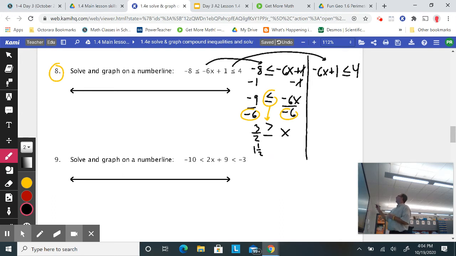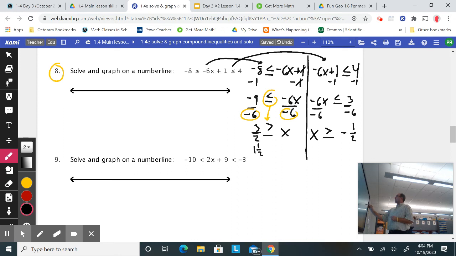Now on the other side, you're going to subtract 1, -6x less than or equal to 3. Divide by -6 on both sides, which gives me x, gives me a -1/2. And here again, we divided by a negative, so you reverse the sign.